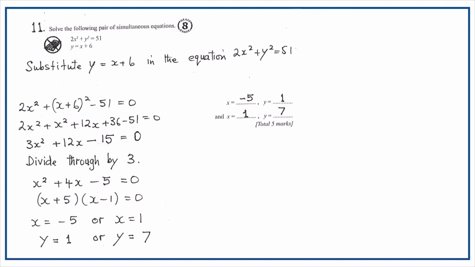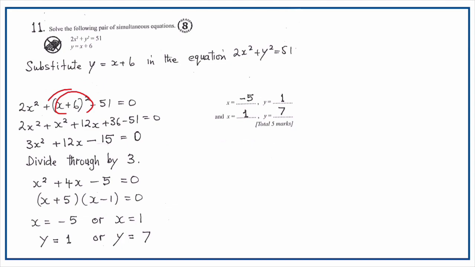So 2x squared plus x plus 6 in bracket squared minus 51 equals 0. We expand this here, it becomes x squared plus 12x plus 36 minus 51 equals 0.